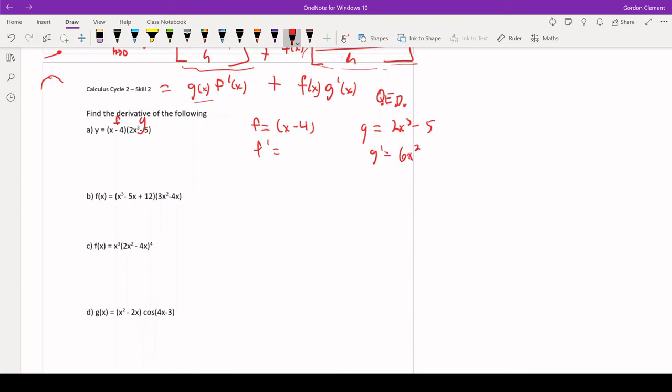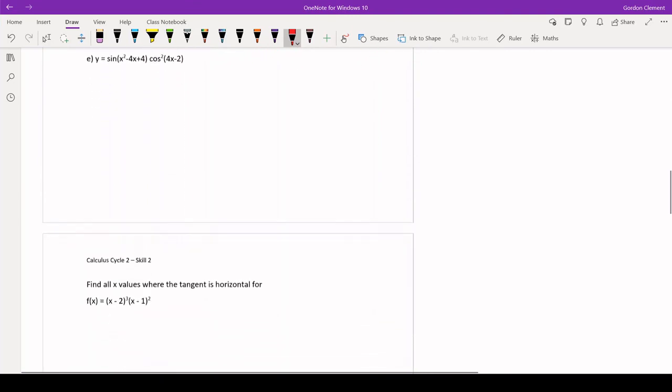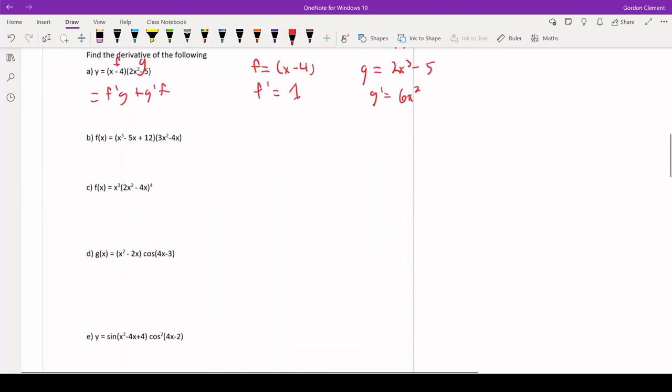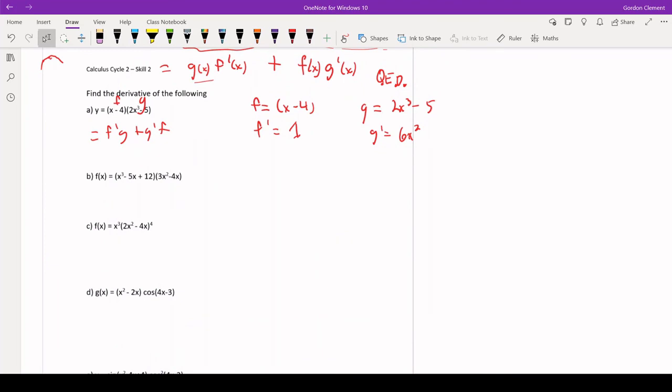So I'm filling it in for you. Get your different pieces off to the side and then see if you can fill into the formula. F prime g plus g prime f. And again, you can shorten and not write all the x's if you don't want to, just when you're writing out the formula. I'm okay with that. So pause the video for a second, see if you can work through these examples, and then unpause and you'll see me work through all these examples.